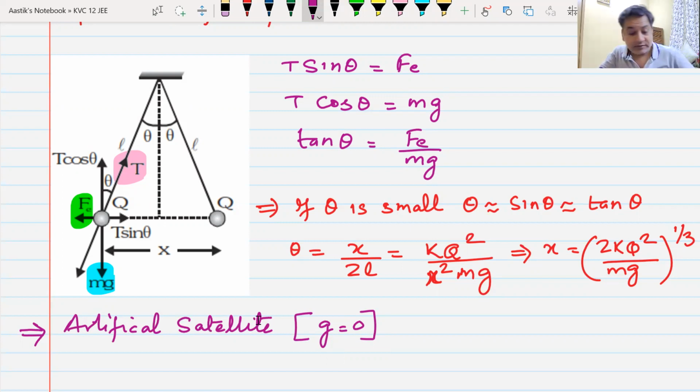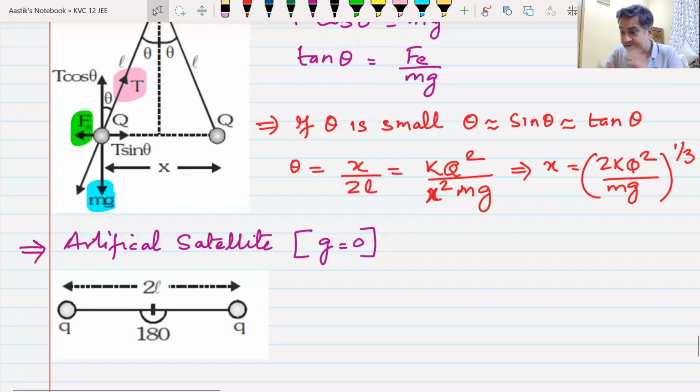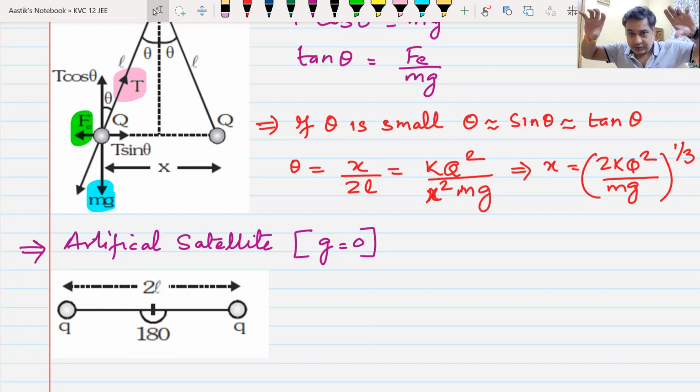Remember these small things, because in the examination hall you might not get sufficient time to think about them. Since G is not there, there is nothing to pull them down, so they will get repelled and stay in this position.